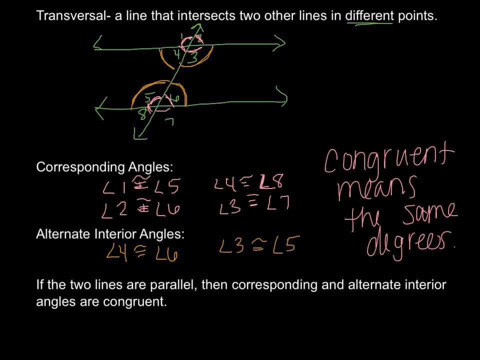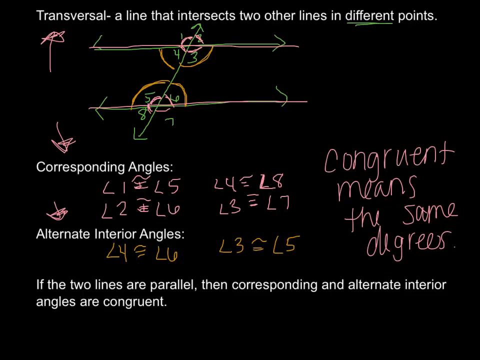They have to be angles that are on the inside of our transversal. If the two lines are parallel, then corresponding and alternate interior angles are congruent. So these two lines have to be parallel in order for this to work.